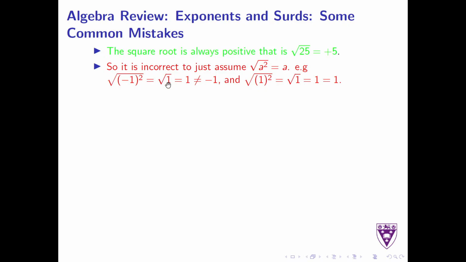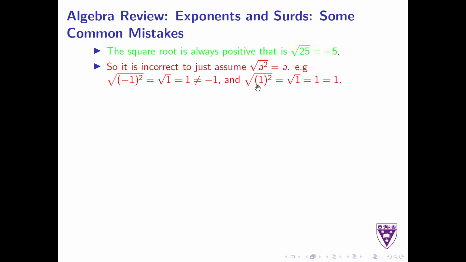The square root of positive 1, as we said, must always be positive, so you're going to get a positive 1. Positive 1 is not the same as minus 1, which was this a here. Hence, we say that the square root of the square is not always the same as a. For instance, 1 and minus 1 are not the same.